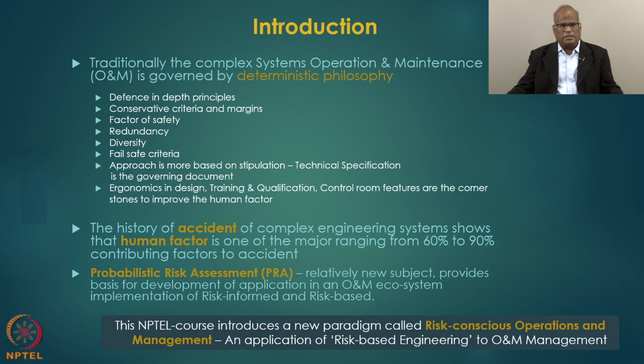Now let us see the history of accidents, whether in any domain, whether it is transport or process or nuclear. You will see that the human factor contribution comes to 60 to 90% depending on the sector we are talking about. So, when the human factor is so important, why not try to have an enhanced understanding of human behavior, okay?